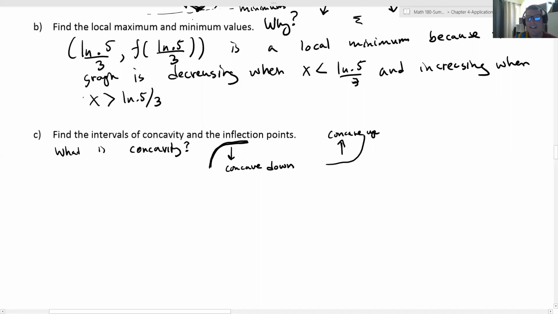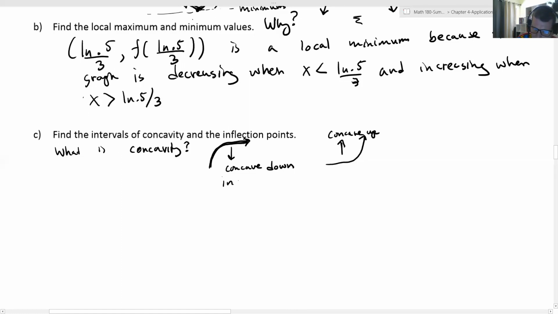All right, so it's going to tell us the shape of the graph. Increasing tells me when it's going up, decreasing tells me when it goes down. Now, you can imagine that this is increasing concave down. This is increasing concave up, right?